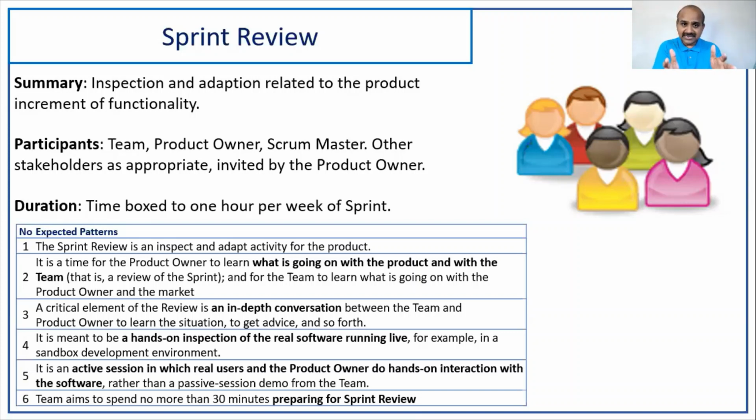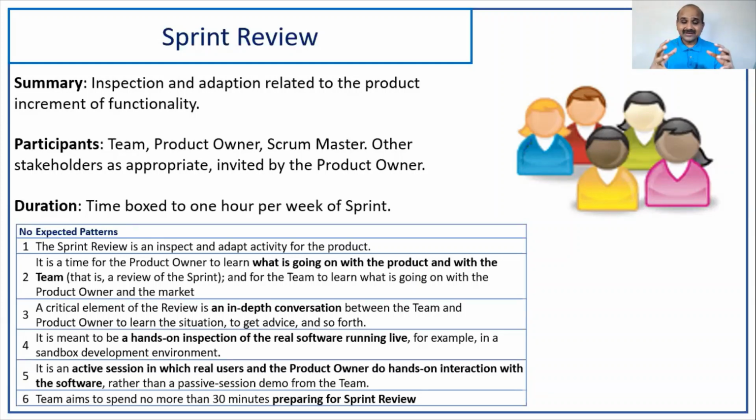So before the sprint review event, we want a 30-minute preparation event, where the team groups together, ensures that the environment is working fine, data is working fine, does a final check of the features, and then goes as a prepared team to the sprint review event.